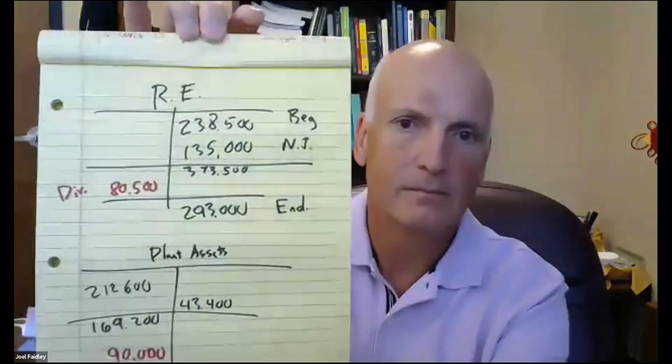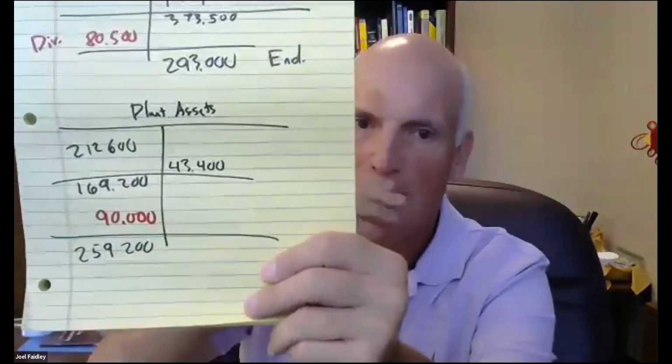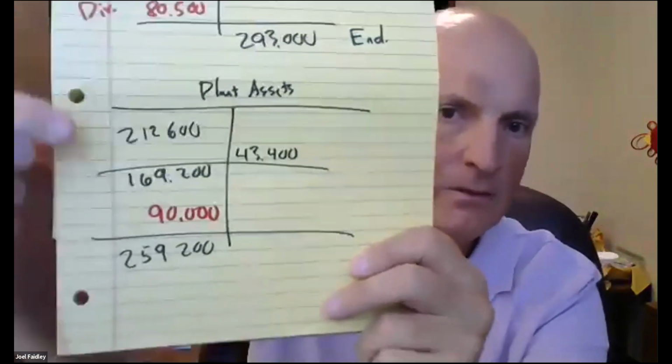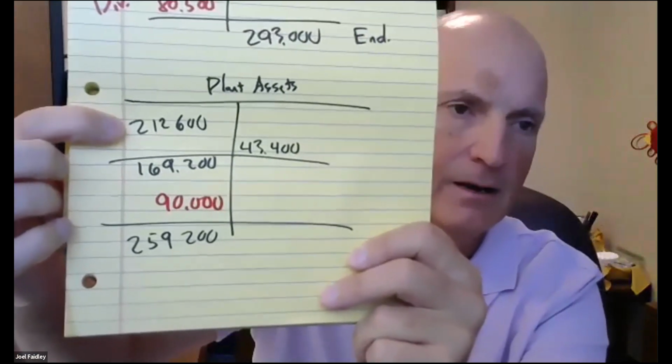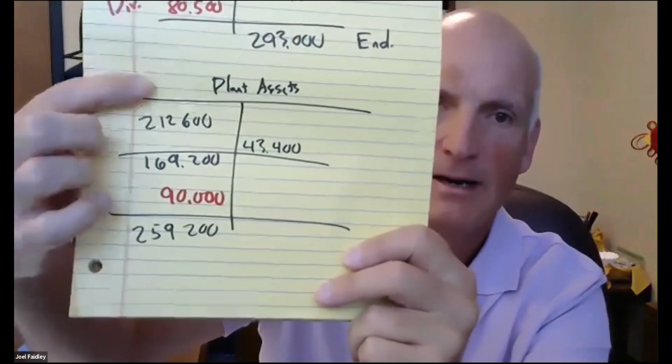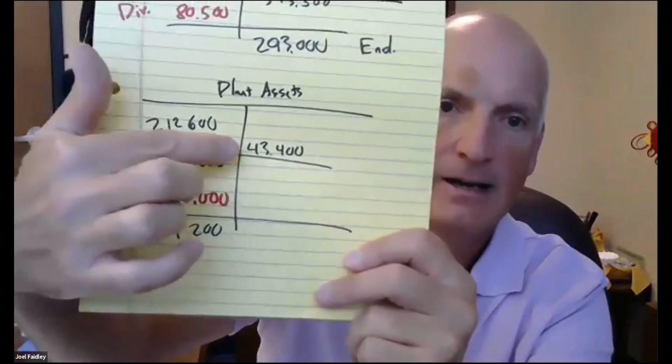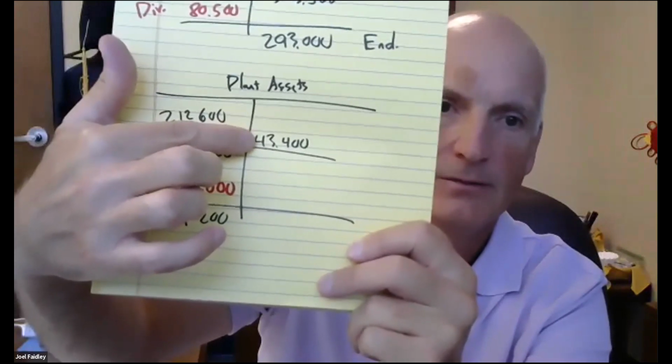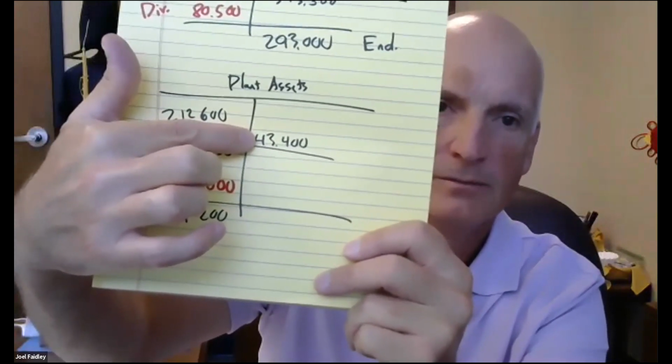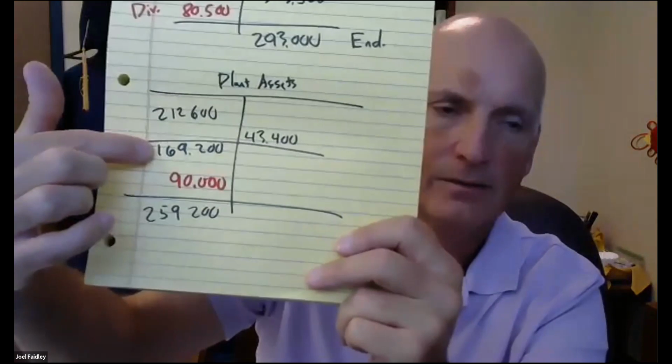All right, up to retained earnings, bottom part there, plant assets. So there's my beginning, right? Debit balance of my property, plant, equipment, or plant assets. It says that was given. I disposed of 43,400. So there's my new balance.